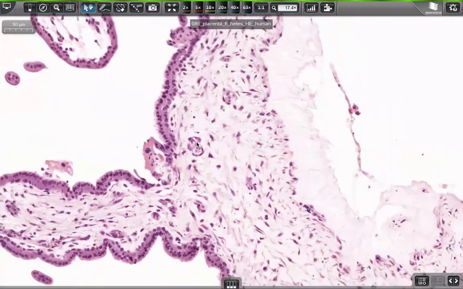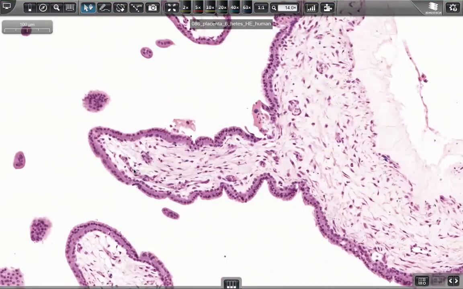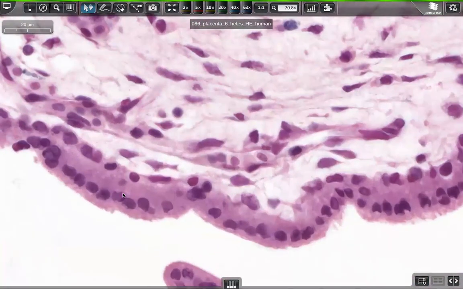So again, here we can see the trophoblast layers. That's the syncytiotrophoblast. It's a cuboidal or tall cuboidal layer. Underneath them, we have the lamina basalis. Here we have the mesenchymal cells, the mesenchymal core, and there is a really nice longitudinal section of a capillary.